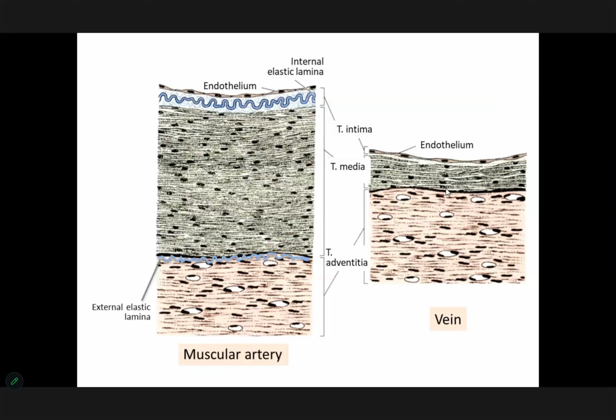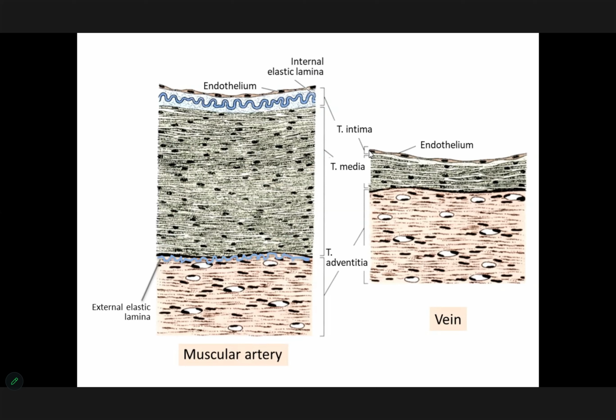In a vein, the tunica media is thinner than adventitia. And look at the well-seen internal and external elastic lamina in muscular artery. We cannot see them in vein, but the general structure is the same in artery and in the vein.